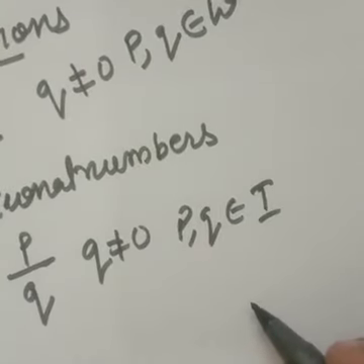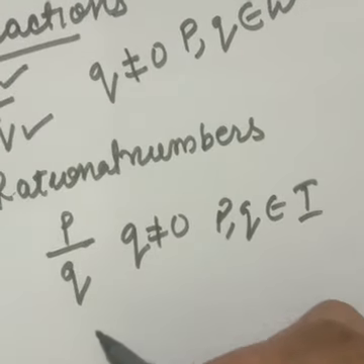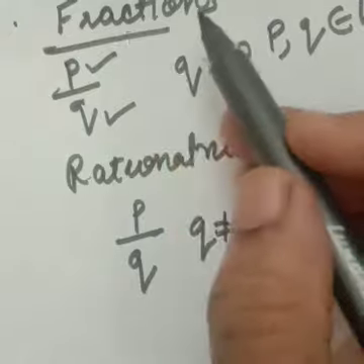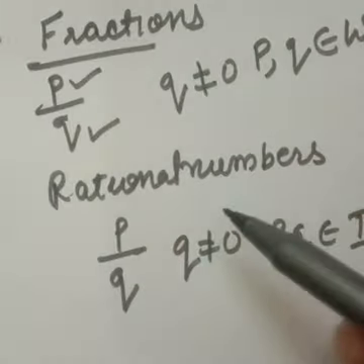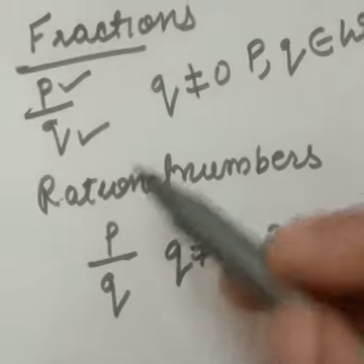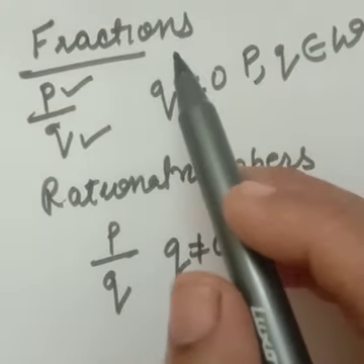That is the only difference. That means P and Q can become negative numbers. But in fractions, P and Q should belong to whole numbers. Whatever you did in rational numbers, that only you have to do in fractions.